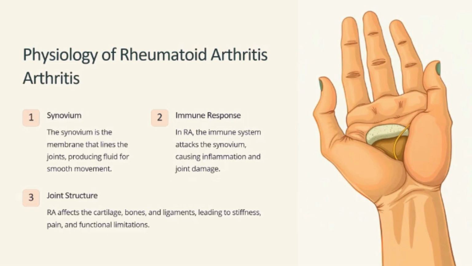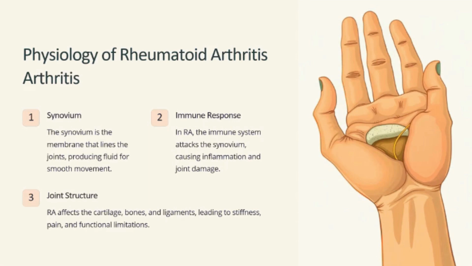But in rheumatoid arthritis, the immune system starts targeting the synovium, which is the lining of the membrane that surrounds our joints.